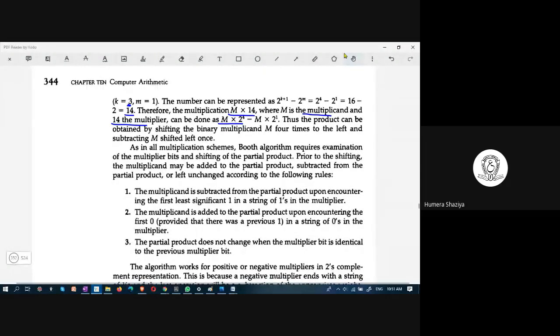The product can be obtained by shifting the binary multiplicand m 4 times to the left and subtracting m once. If you shift 4 times and subtract once, you obtain the product. How did you get that 4 and 1? Because of this 4, k plus 1, and m is 1.